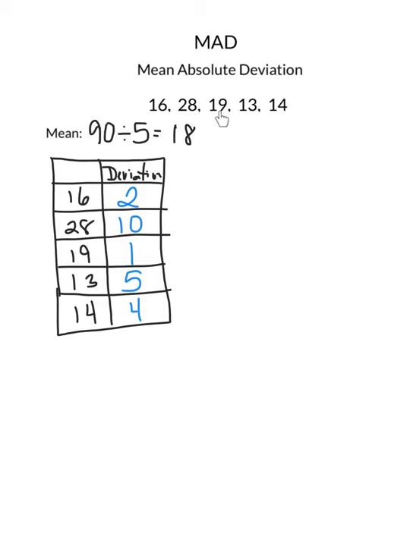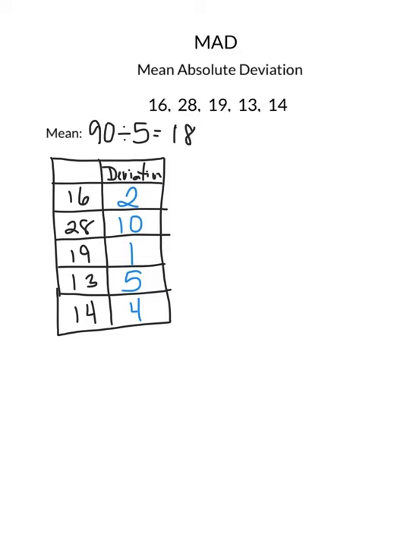Not hard. Next, to find the mean absolute deviation, we're now going to add up all of the deviations. So I'm going to add together to find the MAD. I am going to add up 2 plus 10 plus 1 plus 5 plus 4, and I get 22.